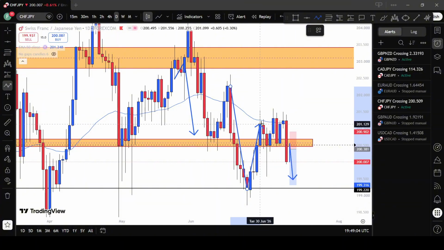The pullback also created a left shoulder, head, right shoulder. That's a head and shoulder pattern right here. I think I've mentioned 3 head and shoulder patterns already on the different currency pairs. And now since we had a break, we need a pullback in order to sell. That's what we're waiting for.